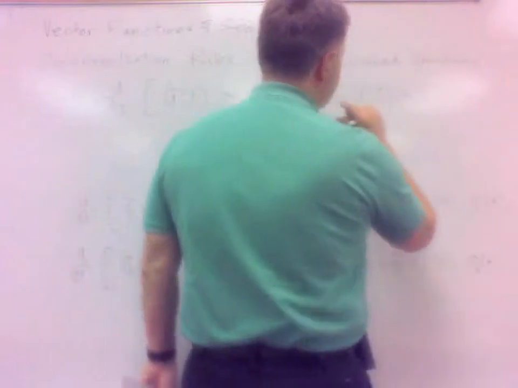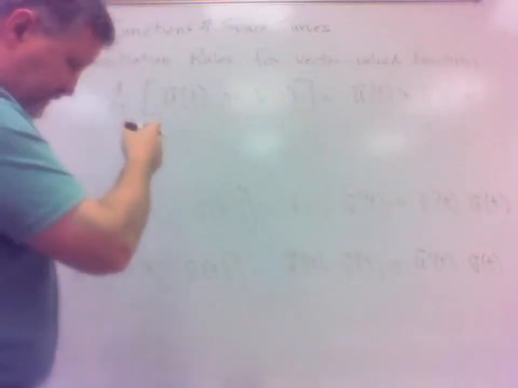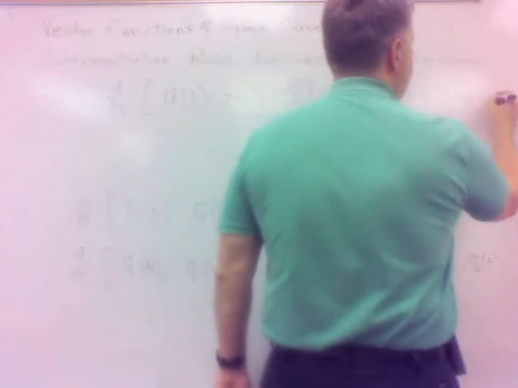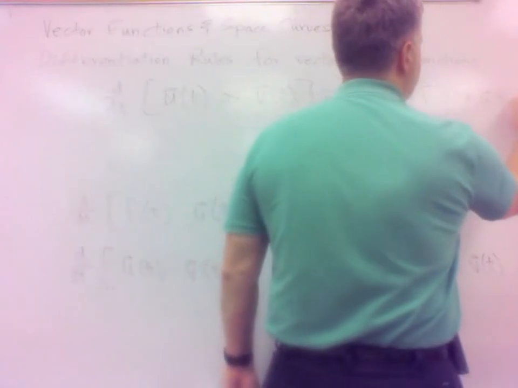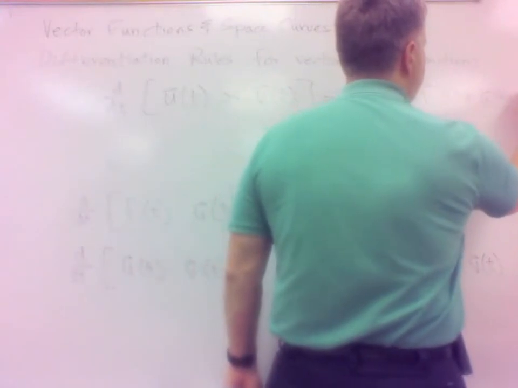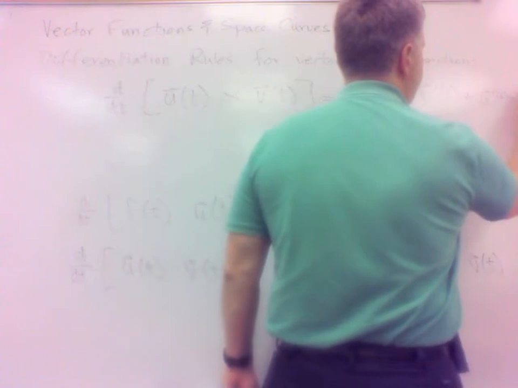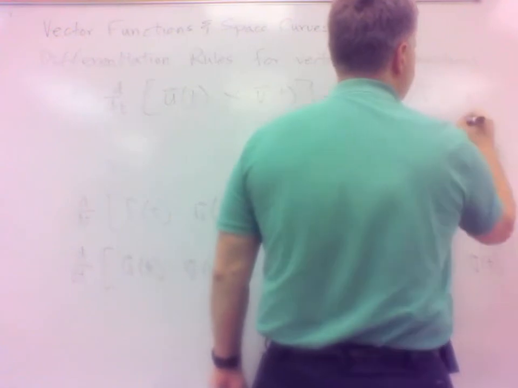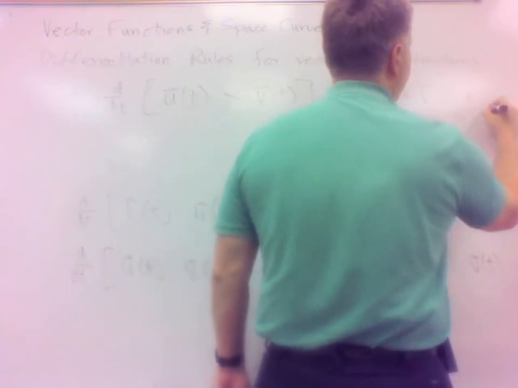Because then the second cross product, the order is the derivative of the u crossed with v.